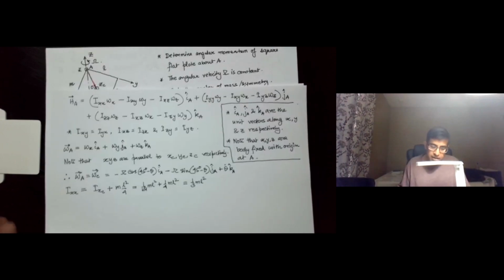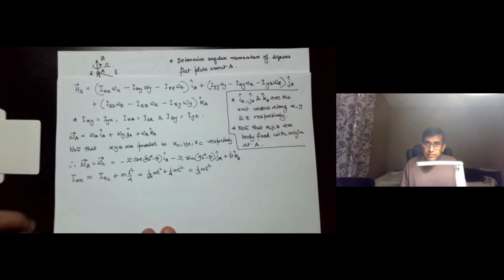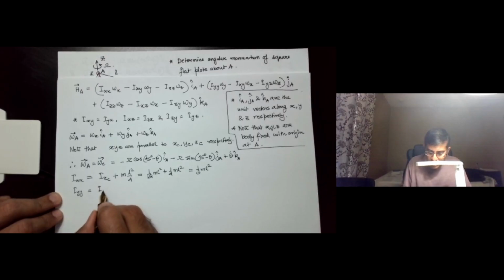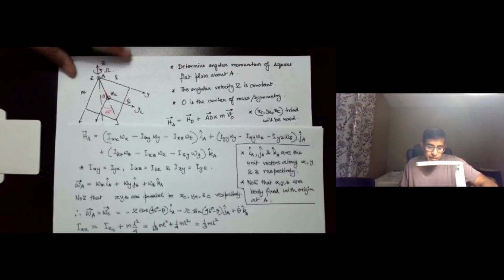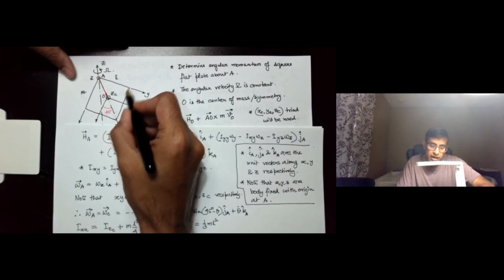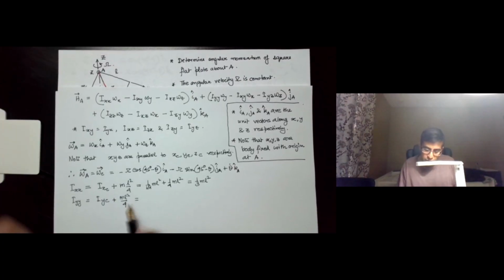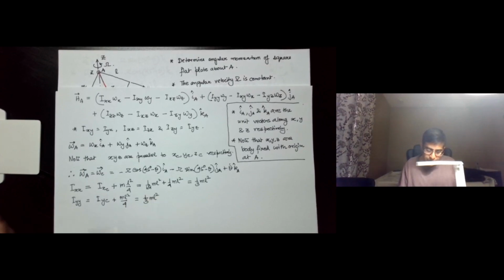And similarly, Iyy is also going to be Iyc plus m l squared by 4, because from yc to y it is a parallel axis movement of distance L over 2. So that will again give us 1/3 m l squared.